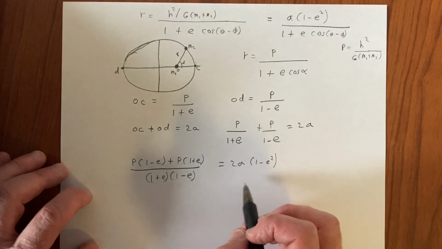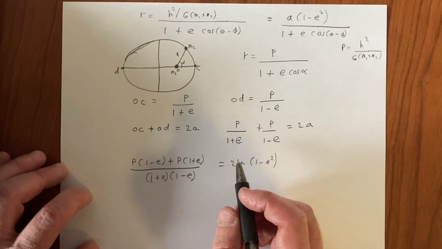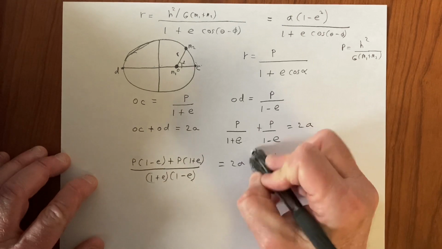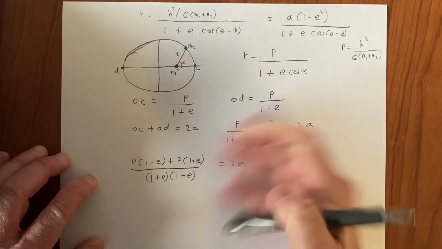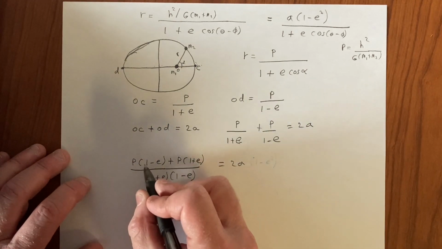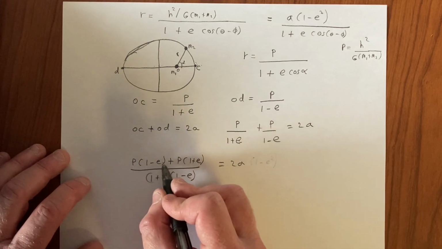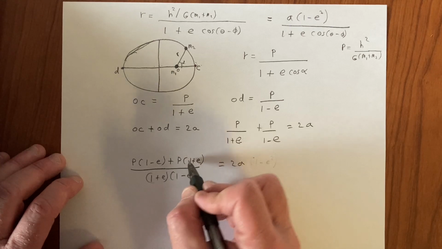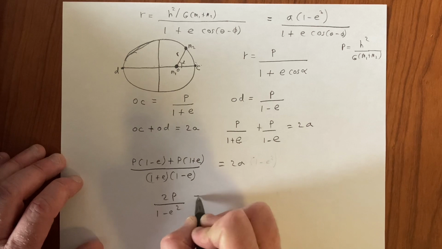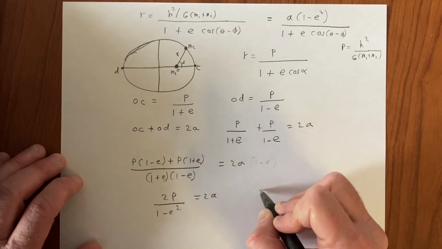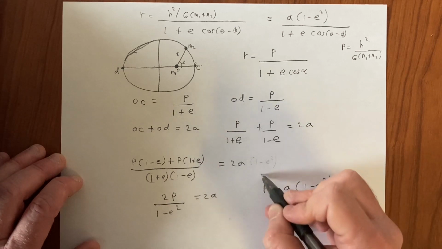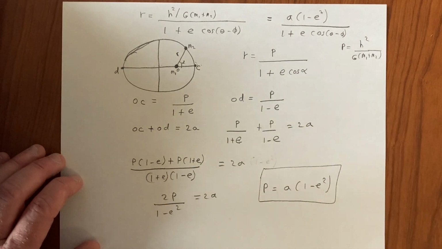We have P minus PE plus P plus PE. So we have 2P over 1 minus E squared equals 2A. And therefore, P is equal to A times 1 minus E squared, as we claimed.